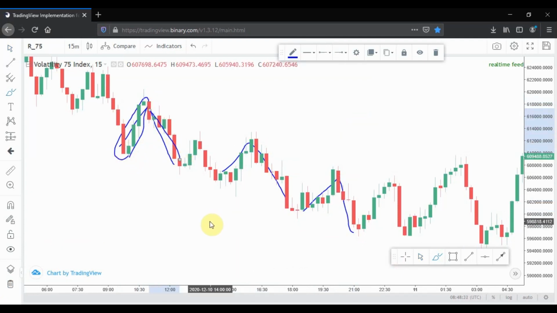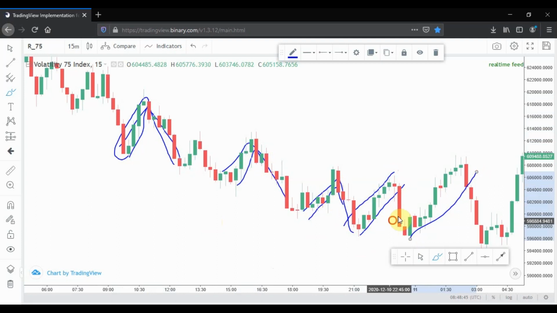When you see a big red candle coming in after the green ones, then you are ready to enter. So there should be no question asked. You just look at the break of this upward flow, and then you enter the market. So that's how you should go about it. There is no need for you to wait for the dealership to take place.